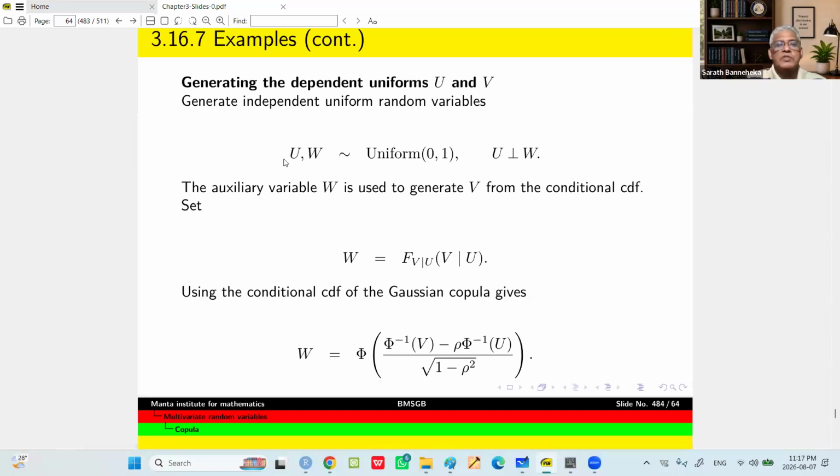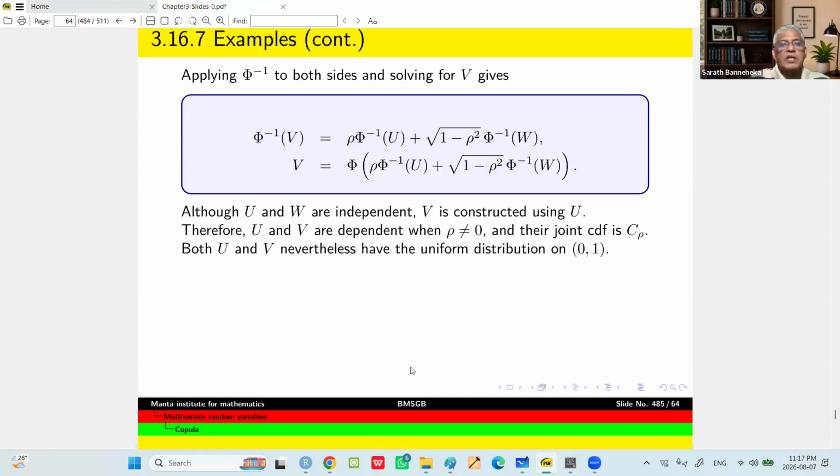So the procedure was first to generate two standard uniform random numbers U and W, and then let W equal that conditional cumulative distribution function. So W is equal to this expression, and from that we can get an expression for V. So this V and the previous U are correlated. There is some dependency between those two.